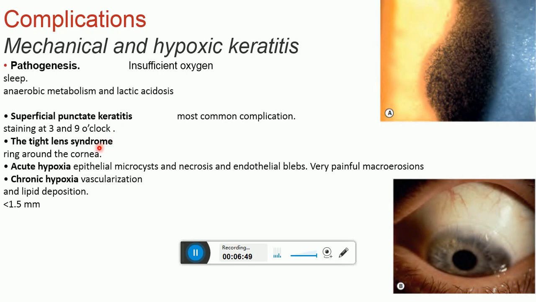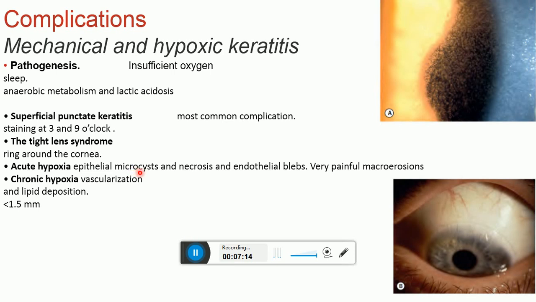Next is tight lens syndrome. It is characterized by indentation and staining of the conjunctival epithelium in a ring around the cornea. Acute hypoxia is characterized by epithelial microcysts.